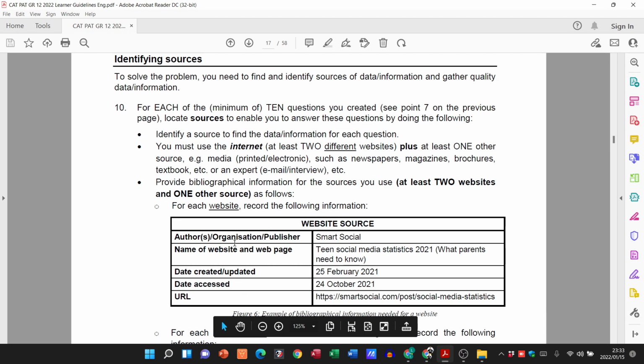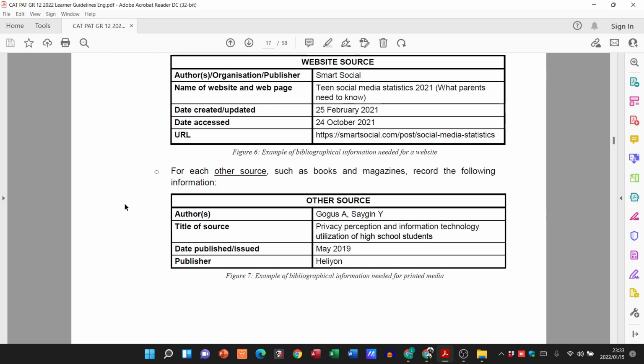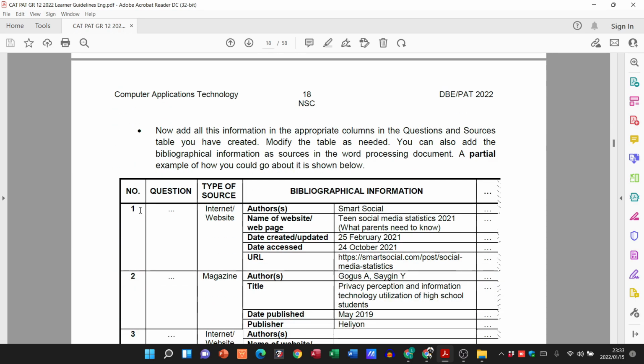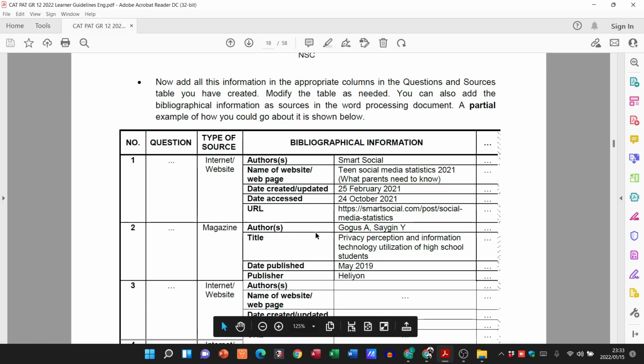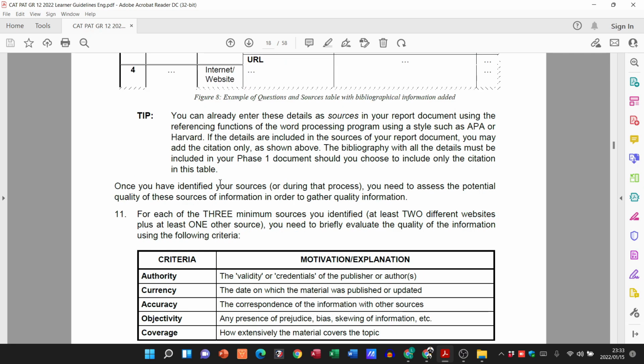Some people just make one massive table that has all this information in there, and that's fine. There's nothing major. You can see here with your biographical information what they've done. Okay, the question, the type of source where you were going to get the answer from, and then the biographical information of that source. That's what they're looking for.